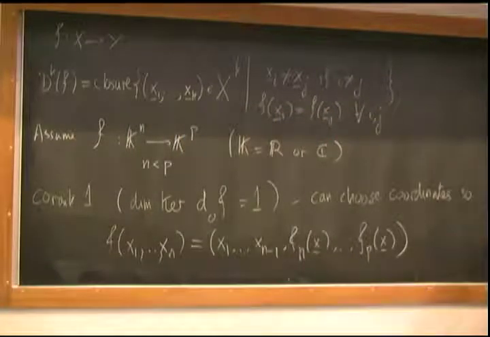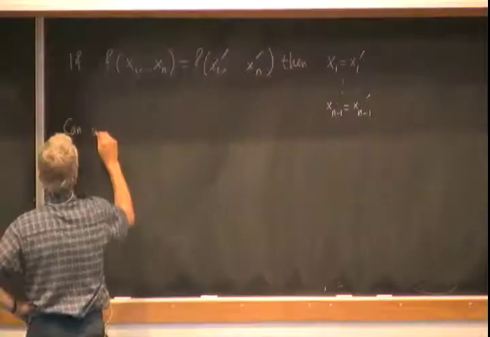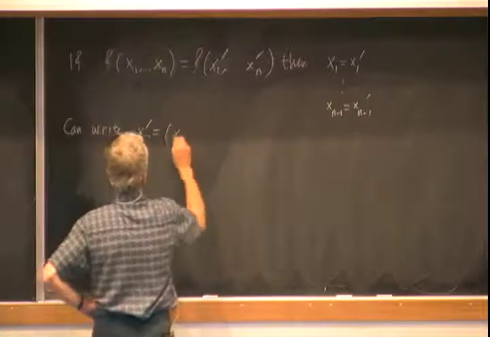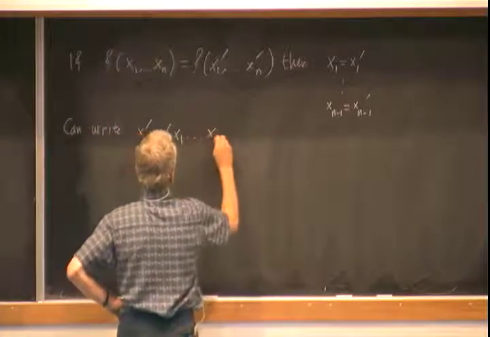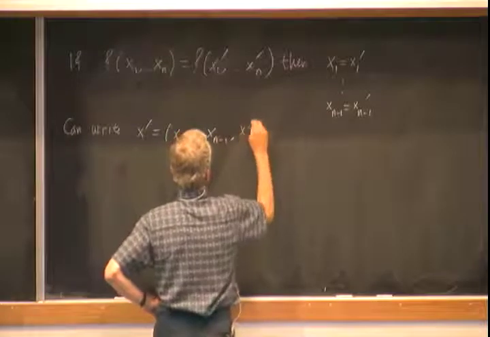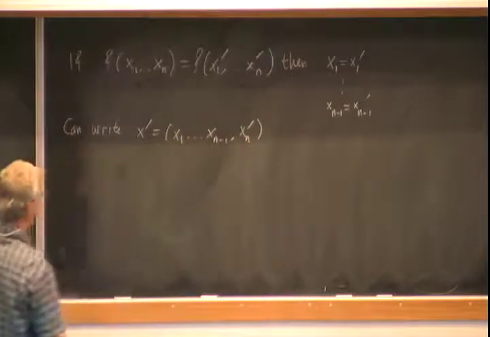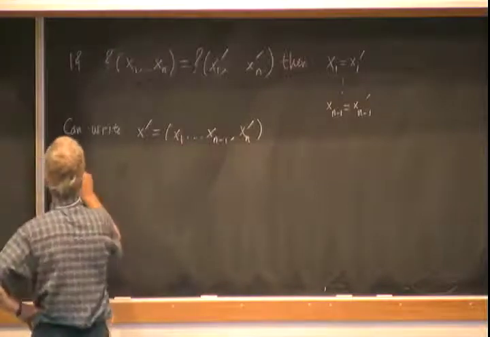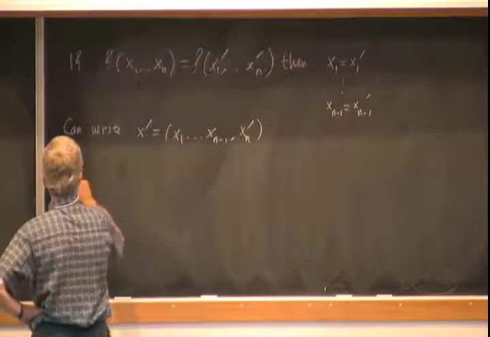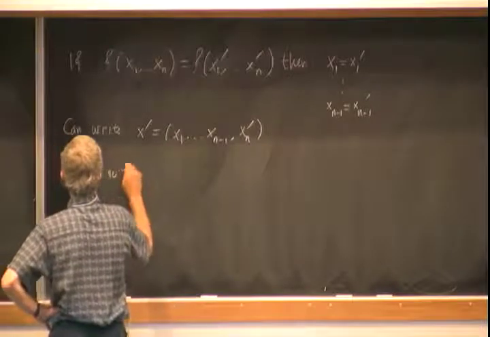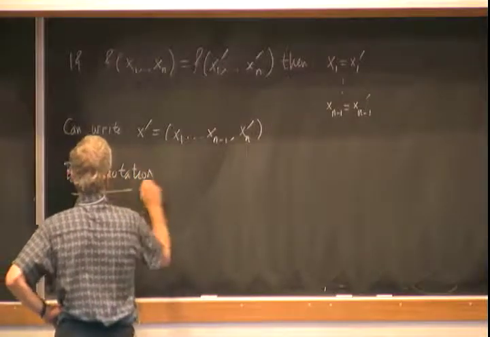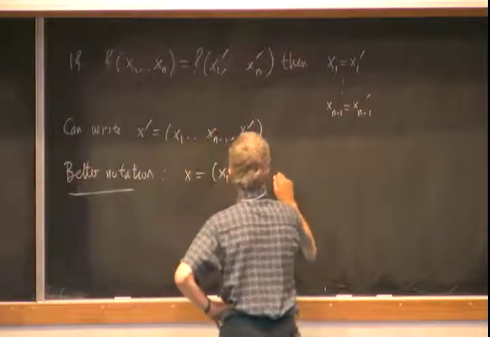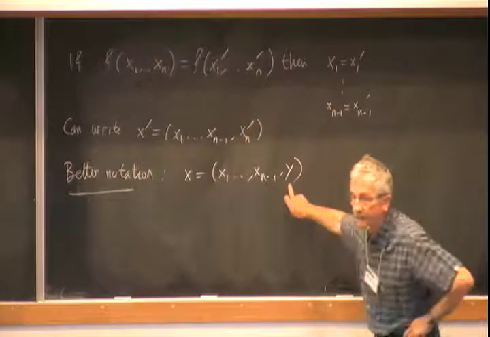So we can write x prime is x1, ..., xn minus 1, xn prime. Or, in fact, preferably, a better notation is to write x equals x1, ..., xn minus 1, and give a different name to the last coordinate.